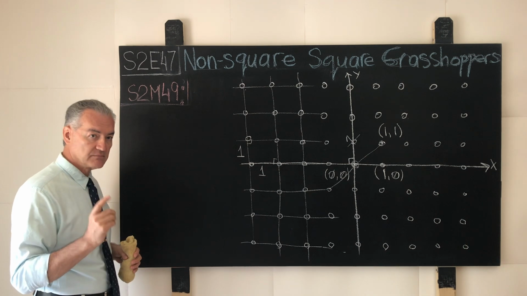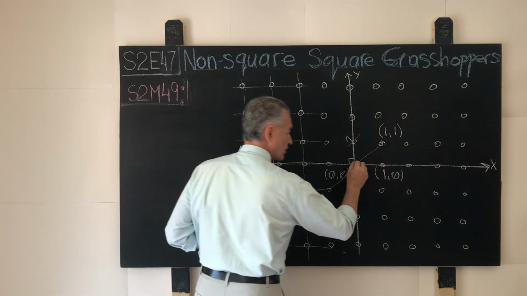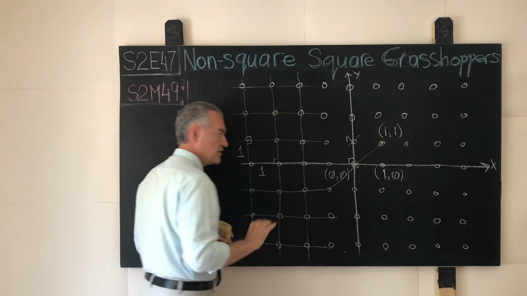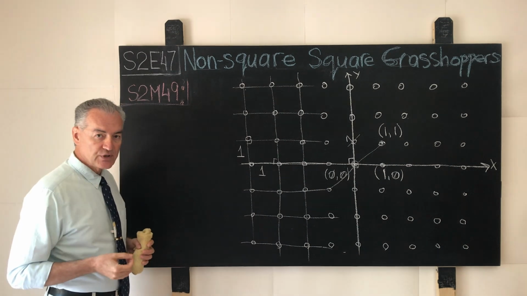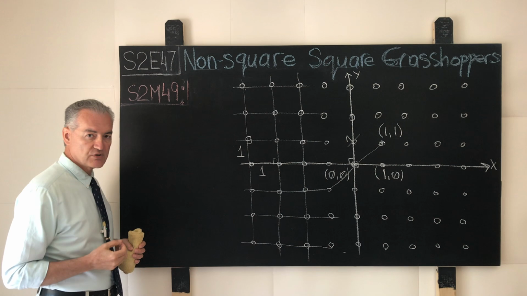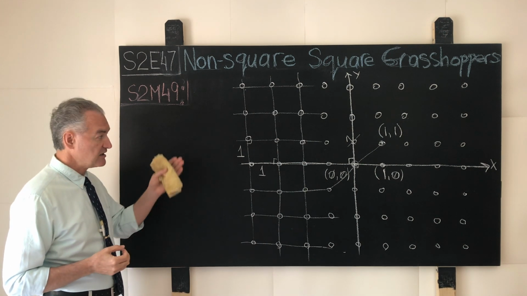And what does that mean? Well, that means that as our grasshoppers execute their legal jumps any which way, which points can they find themselves in? Remember my earlier reference to the structure of these points? Well, the structure of these points is exactly that.